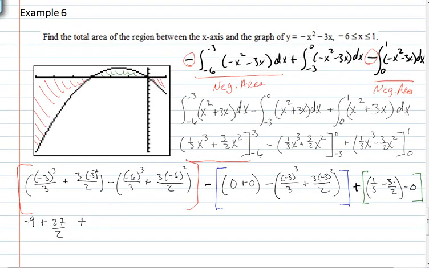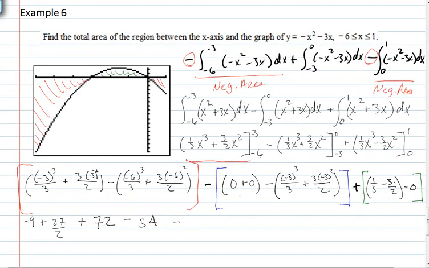Somebody's got a calculator out. 6 cubed is 216, plus 216 divided by 3. Does that go evenly? It's got to. 72. Thank you so much. Minus 3 times 36 divided by 2. That's 3 times 54.